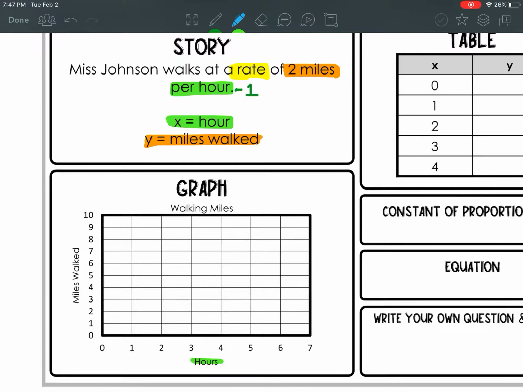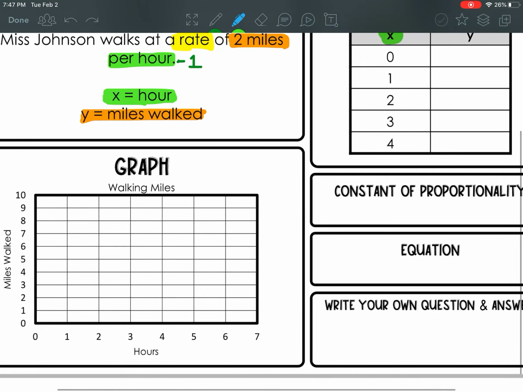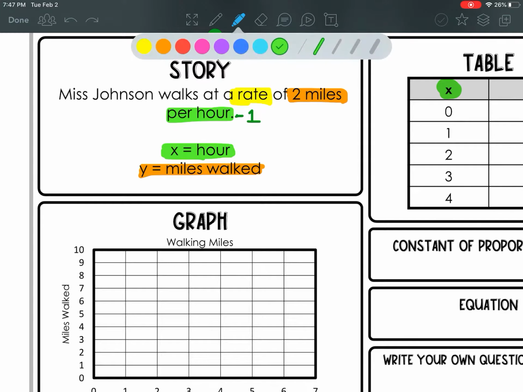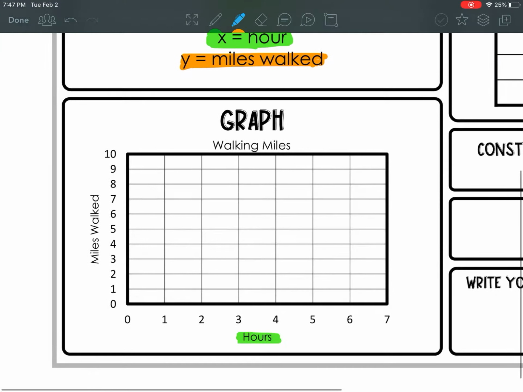Okay? So, if you notice then, in our graph, our x-axis is labeled in hours. Notice it is the same as what we have up here, x equals hours. In our table, we have x values. So we know all these x values, 0, 1, 2, 3, 4, those are all hours.